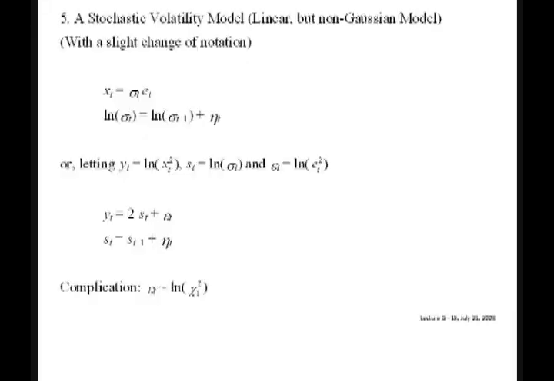Okay, so now let's do something that is kind of more fun, right? This is an example of a stochastic volatility model, and let's see what happens if we change things around so it's nonlinear. So we've got a nonlinear problem, okay?